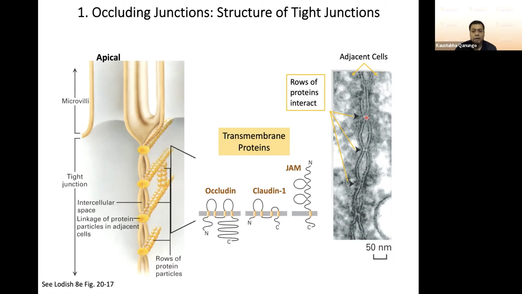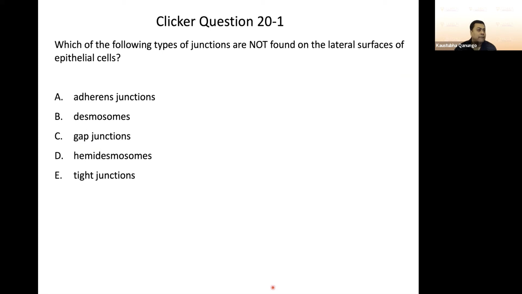And here you can see how the tight junctions are. These are basically the proteins that make the tight junctions responsible for separating the apical and the basolateral surface. So right here, basolateral surface, top portion, apical surface. Just remember the names of the proteins which are involved in that. That's it. All right, first clicker question.